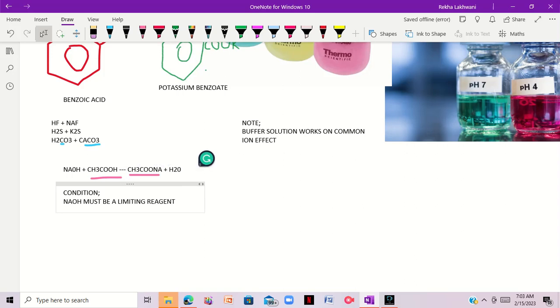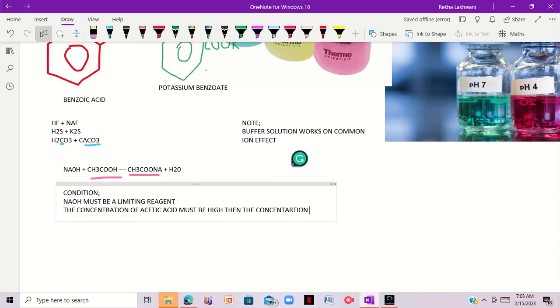It means that its concentration must be less and the acetic acid concentration must be high. The concentration of acetic acid must be higher than the concentration of sodium hydroxide.